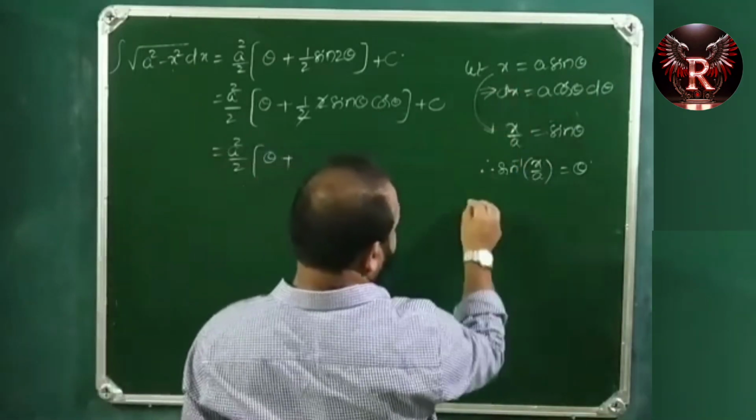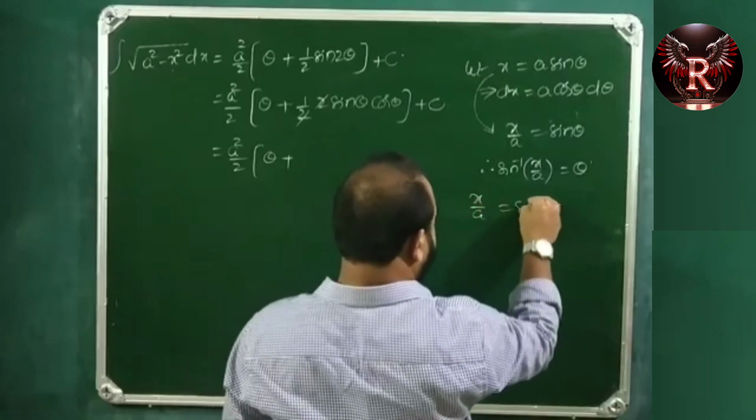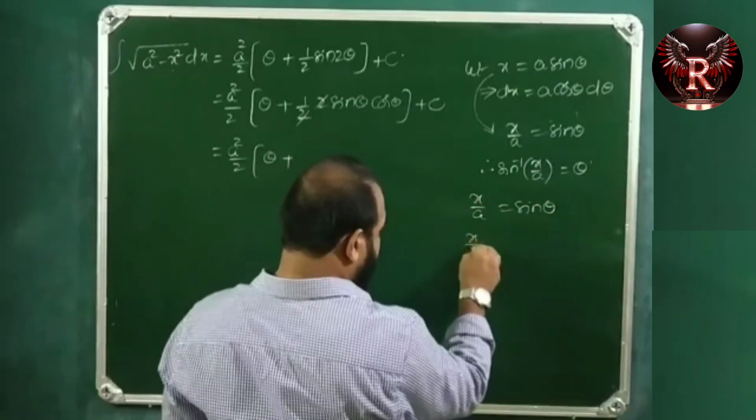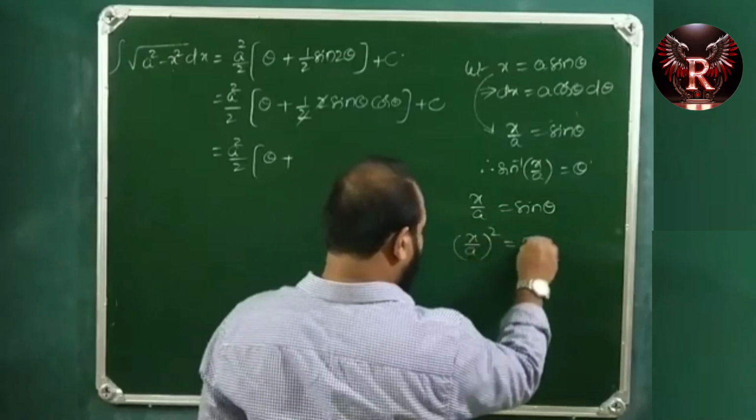From this, x by a is equal to sin theta. So x by a whole square is equal to sin square theta.